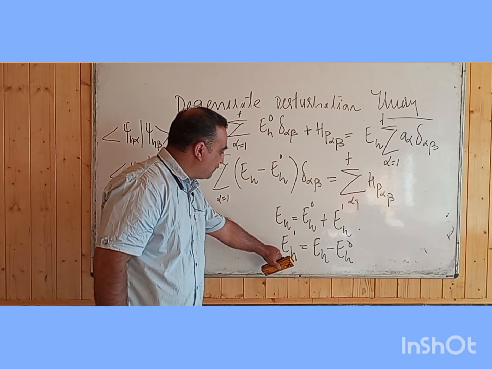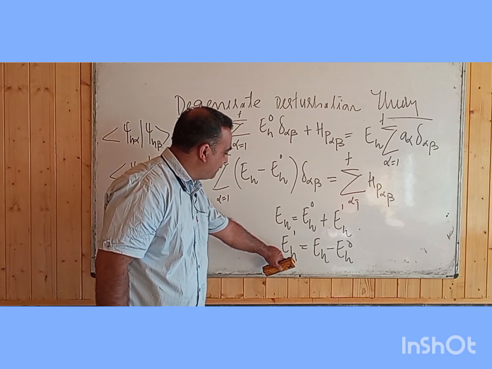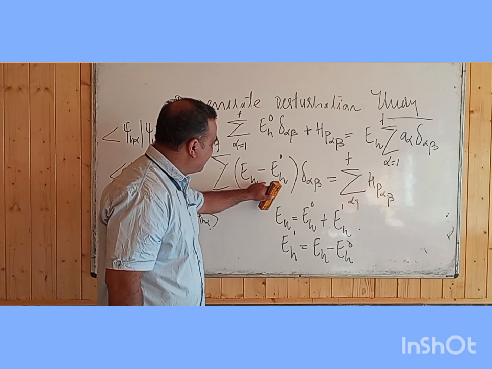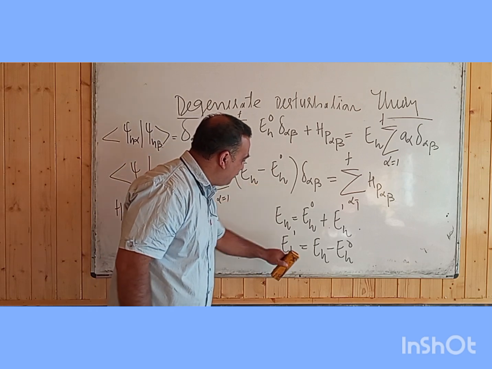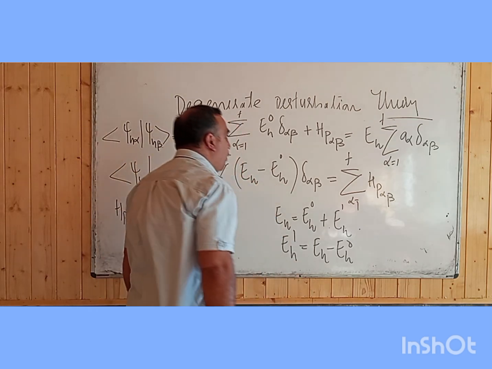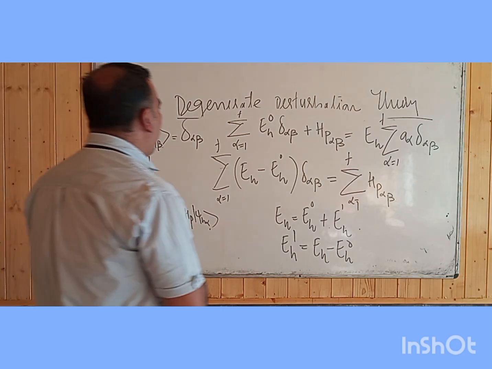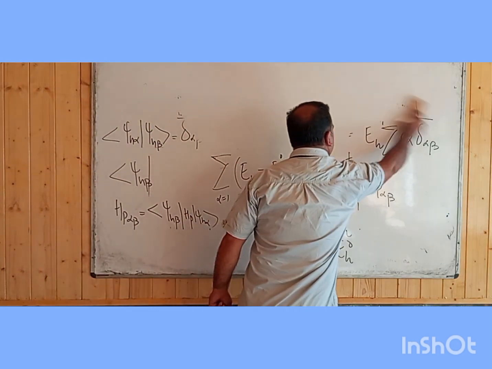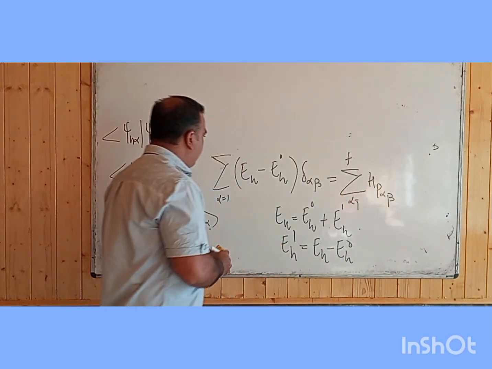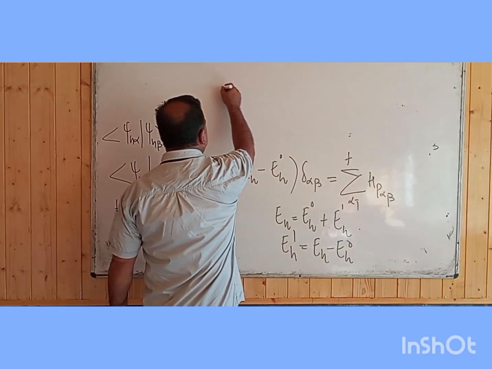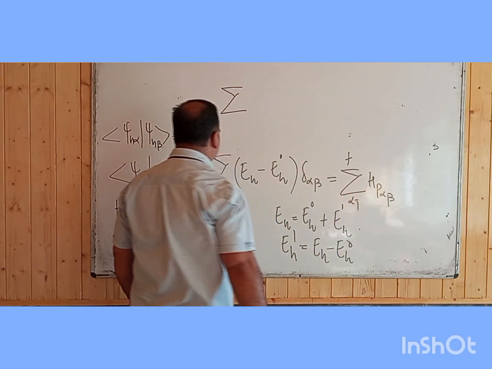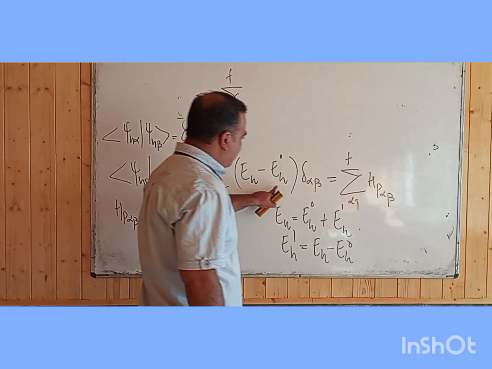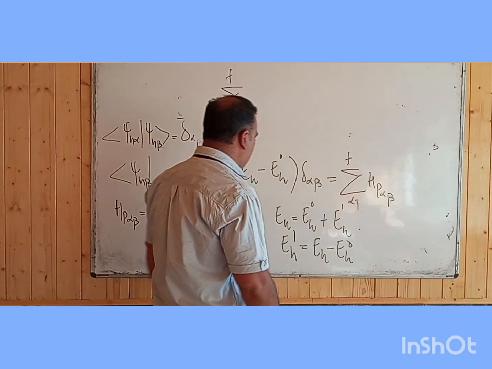So I can impose the first order correction in energy using this equation, because for En minus En naught, I will be using En1. So how would it look? We will have sigma, alpha runs from 1 to f, and for this I will use En1.